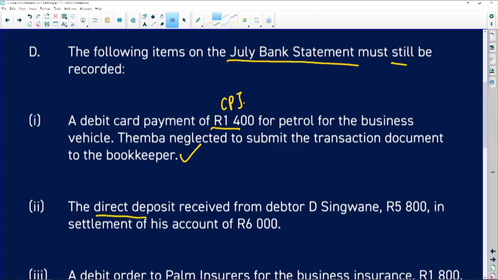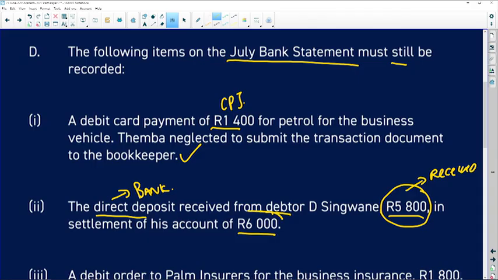The direct deposit received from a debtor, 5,800 in settlement of his account of 6,000. So remember, direct deposit, it's going straight into our bank. And obviously we get this information once we receive the bank statement. So in terms of the amount, please guys remember, we are looking at the 5,800, the amount that was physically received, right?